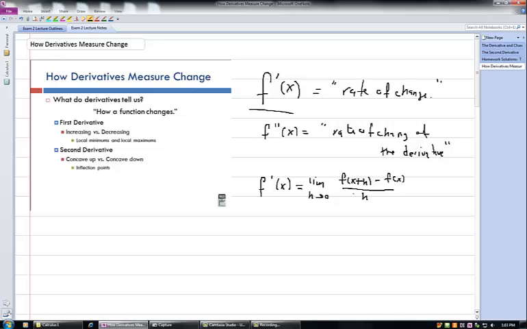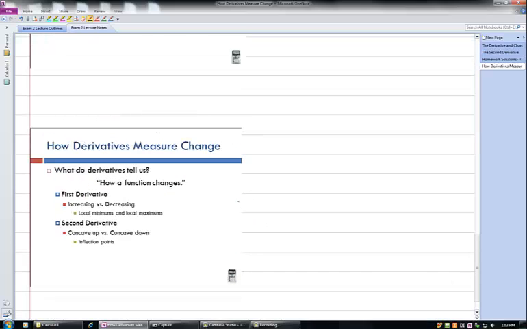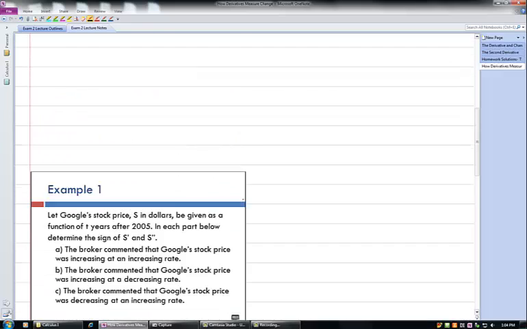Now today we want to talk about how the derivative measures change. So this is an important topic. The idea though is relatively simple. So let me remind you, first of all, how functions can change.